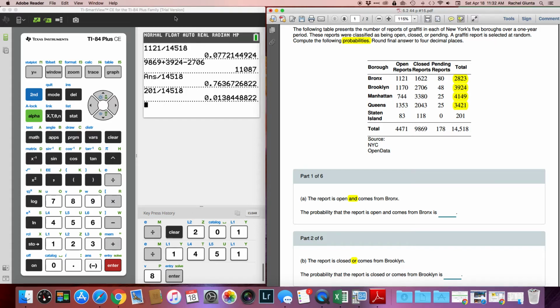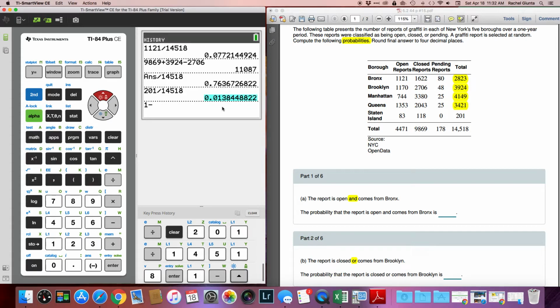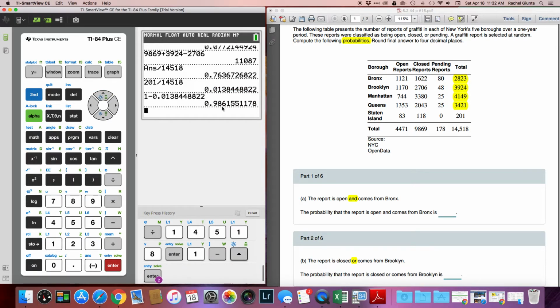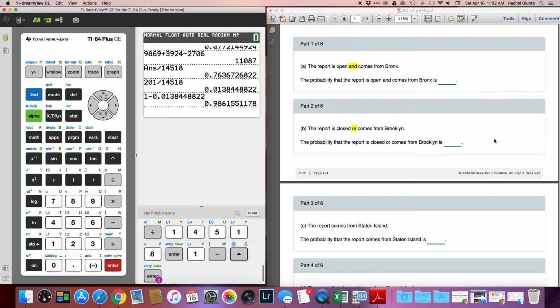That means the probability that they did not come from Staten Island is 1 minus whatever number we got for the probability that they did come from Staten Island. We can go up and grab that number, enter, and very quickly get 0.9862. If we had done this other thing, added up all these numbers and divided by the total, we would have gotten the same thing. It just would have been more steps to get there.